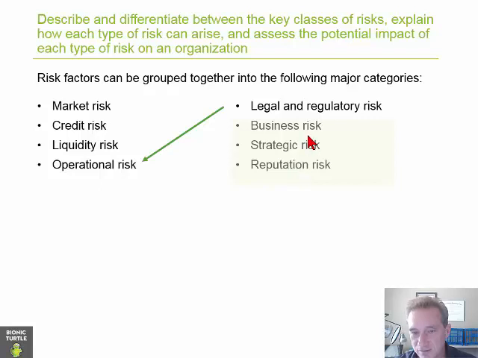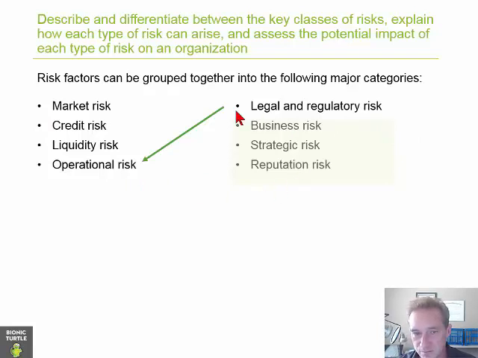And then also itemized here, business, strategy, and reputation risk. I highlight these just to pull them out of operational risk, because these are all top level according to these authors. But if I were to do this, I'd put legal under operational risk, and I would specifically identify business, strategic, and reputation as not part of operational risk. I would distinguish between business and non-business risks and financial and non-financial risks.